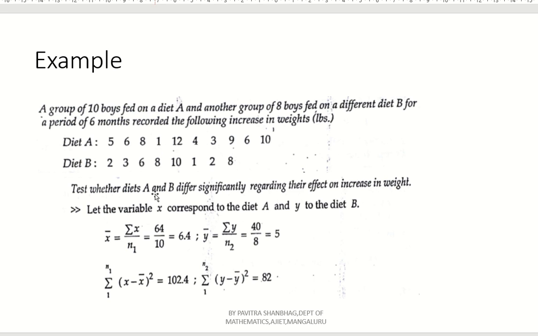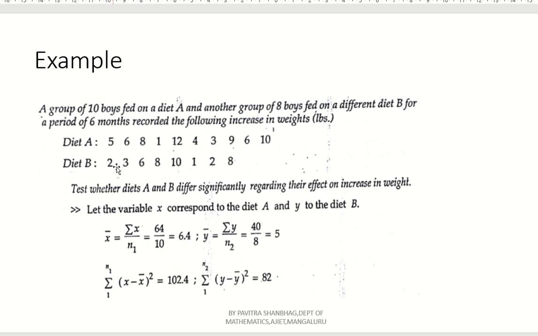Test whether diets A and B differ significantly regarding their effect on increase in weight. Now first find x bar, same here, summation x by n1. So 5 plus 6 plus 8 plus 1 plus 12 plus 4 plus 3 plus 9 plus 6 plus 10 divided by n1 means 10. So 64 by 10 means 6.4.